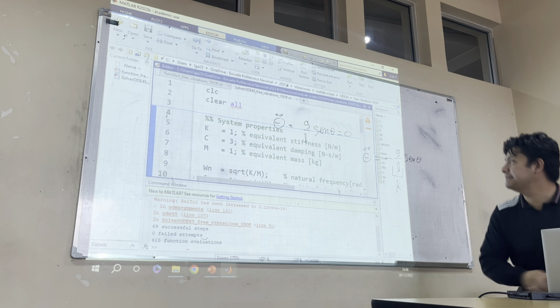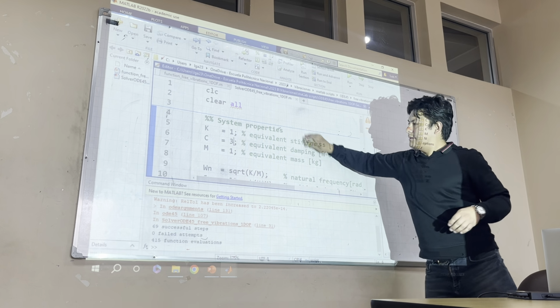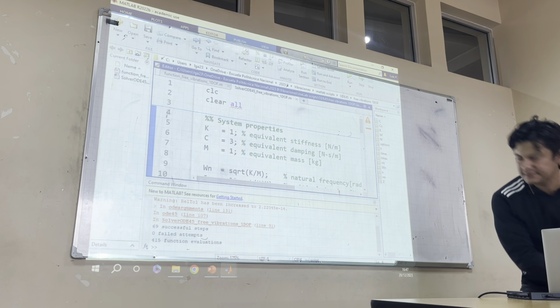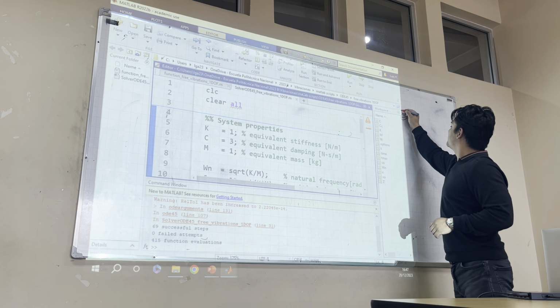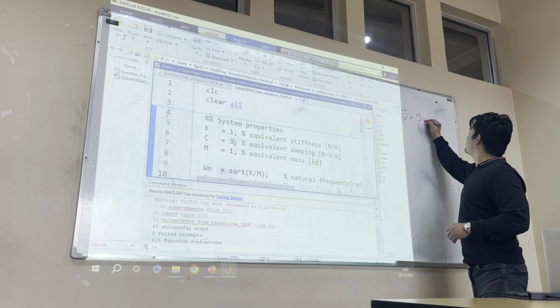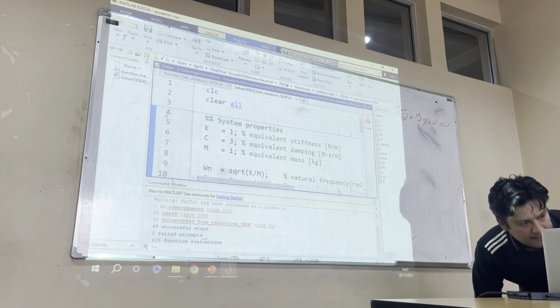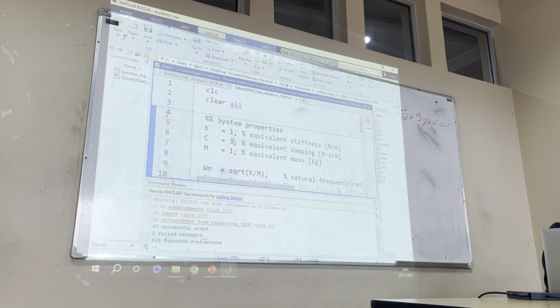Here we have a system, and for this equation, let's modify something. So, what is the mass? The mass looks like 1 in that equation, doesn't it? Right, so let's put 1.